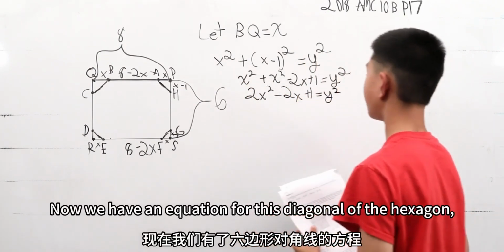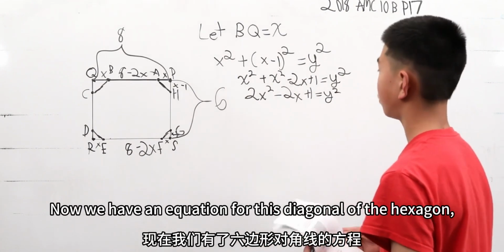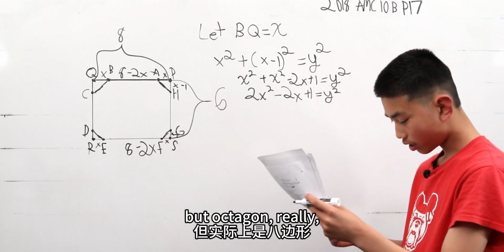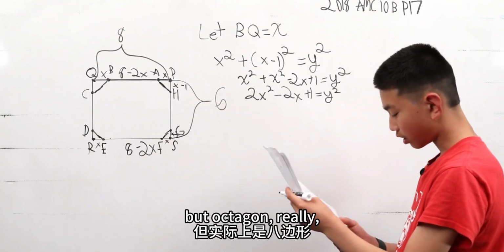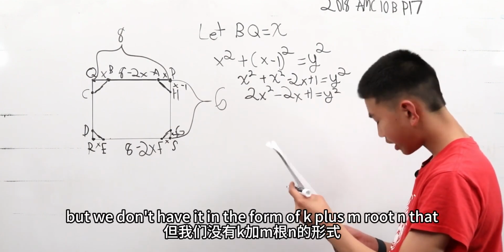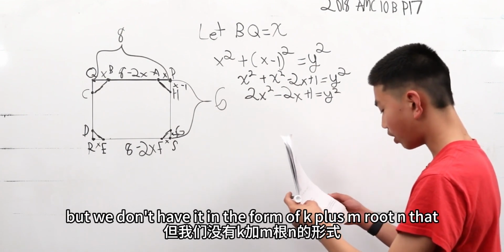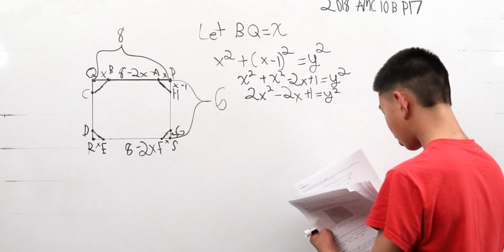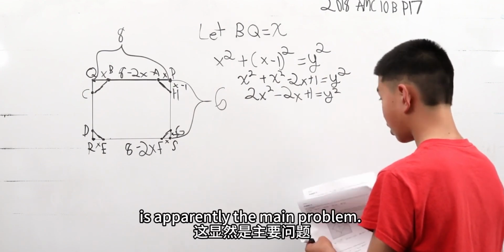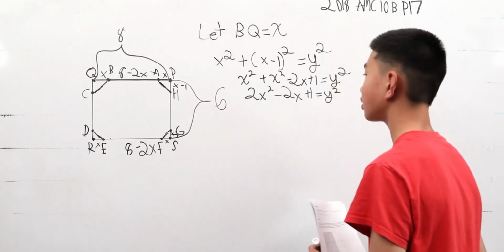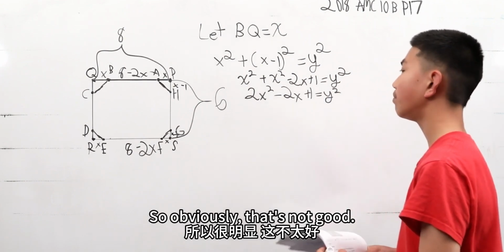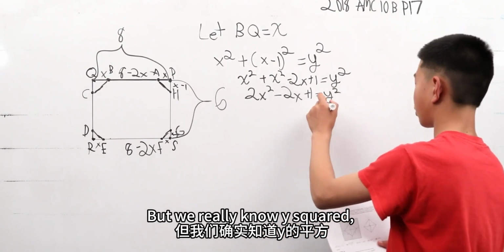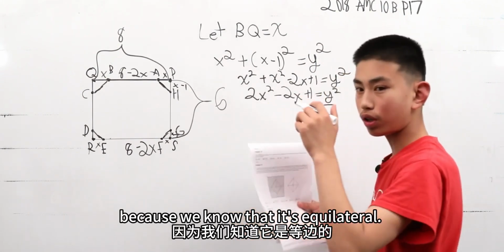And now we have an equation for this diagonal of the hexagon, octagon really, but we don't have it in the form of k plus m root n. That is apparently the main problem. But we really know y squared because we know that it's equilateral.